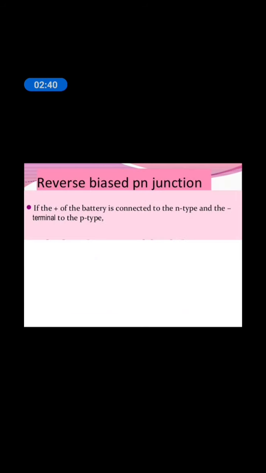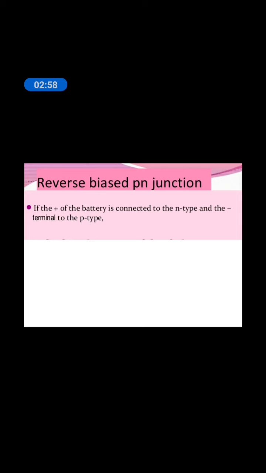Reverse biased PN junction. In the reverse biased mode, the positive terminal of the battery is connected to the N type and the negative terminal of the battery is connected to the P type.